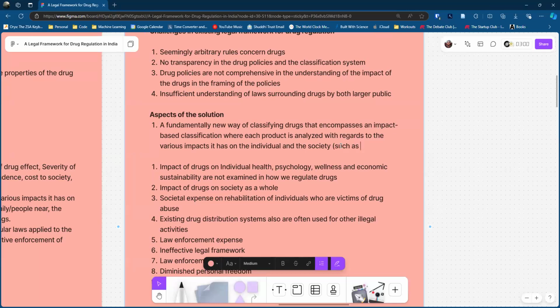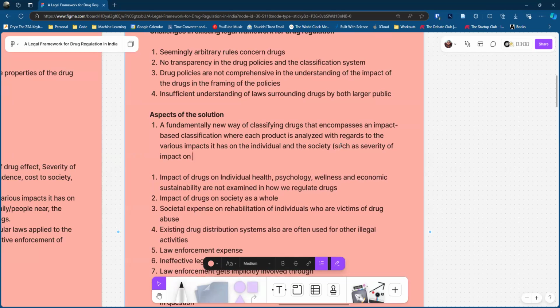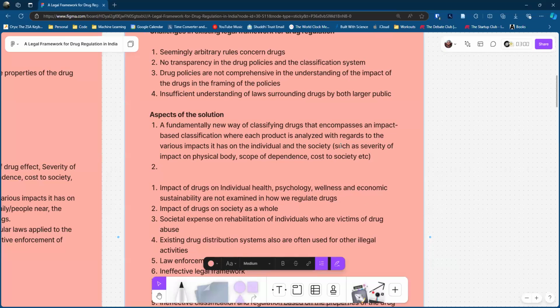such as severity of impact on the physical body, scope of dependence, cost to society, etc. This is just to give an example of what are the things we're looking at.